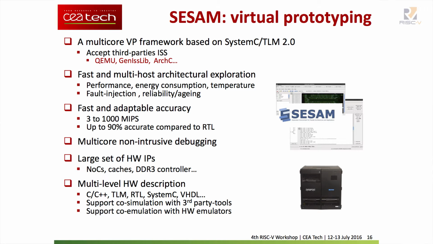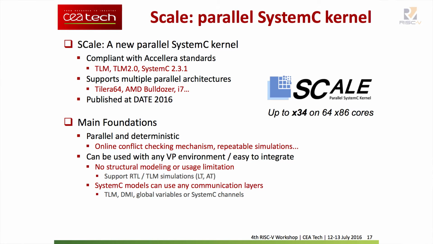SystemC is not known to be really fast. That's why we have developed SCALE, which is a parallel SystemC kernel. And one of the really important things with SCALE is that it is deterministic.